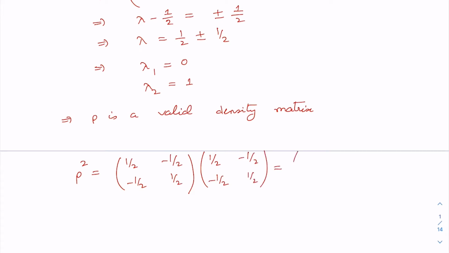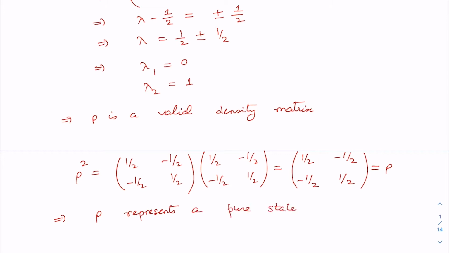If I do it, as you can see, the first term would be half, here we'll have minus half, here minus half, and here a half. So rho square is equal to rho. This implies that rho represents a pure state.